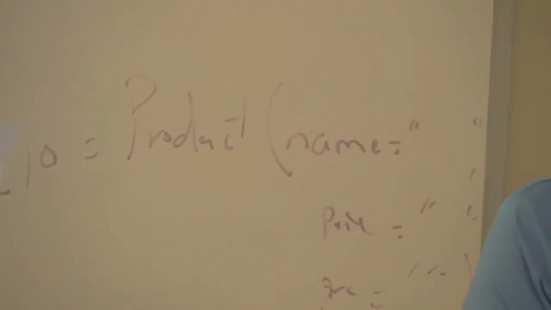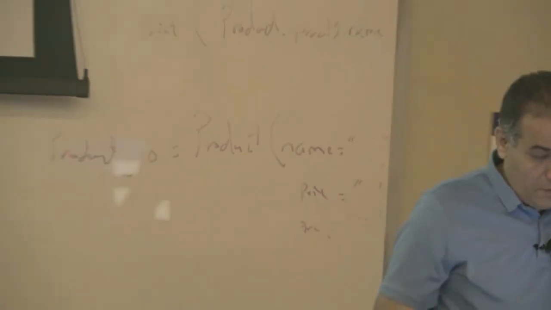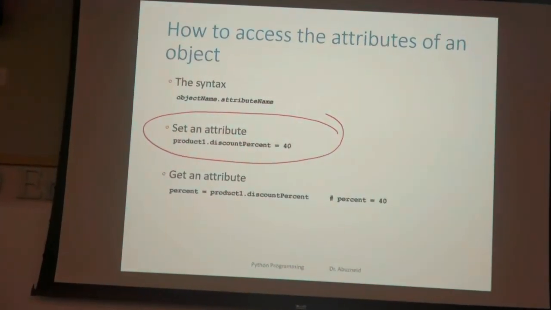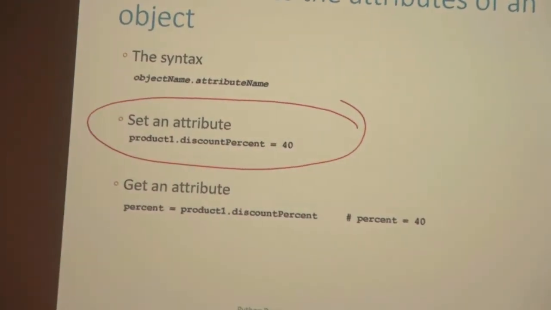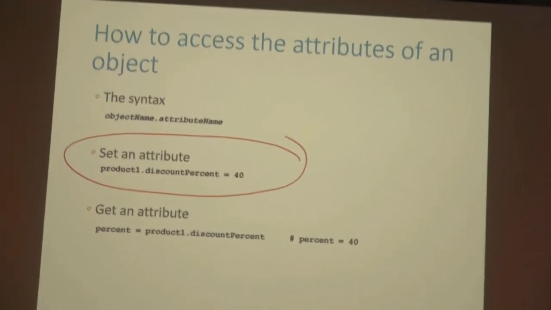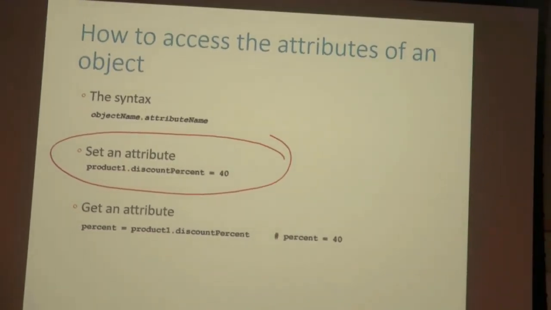So how to access the attribute of an object? Very simple. For example, read this. Product one, which is an object, dot discount percentage equals 40. What I'm doing here is setting the attribute.